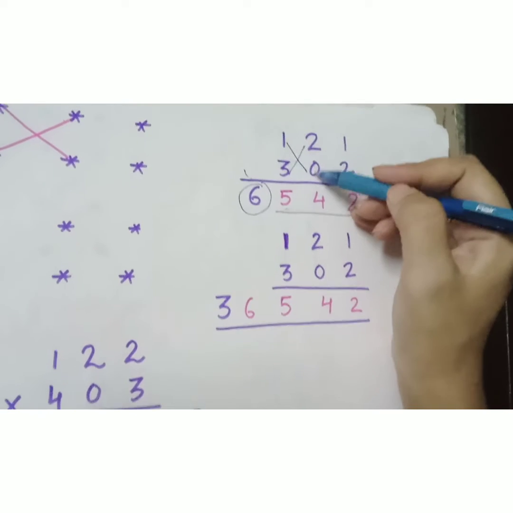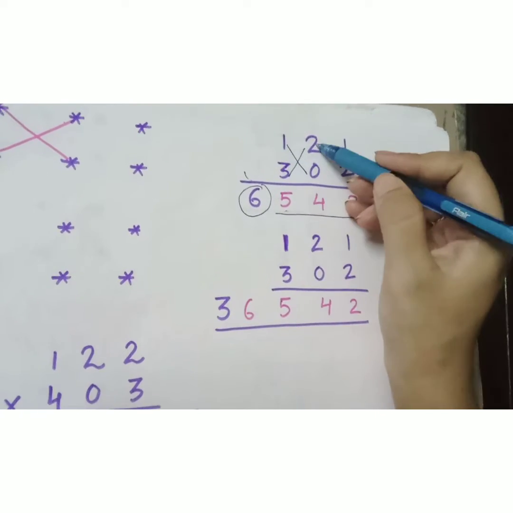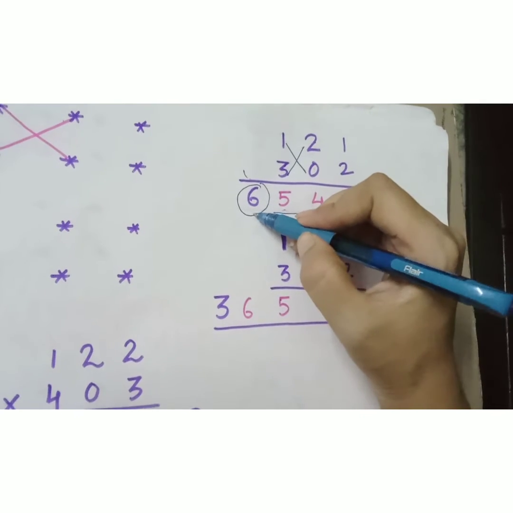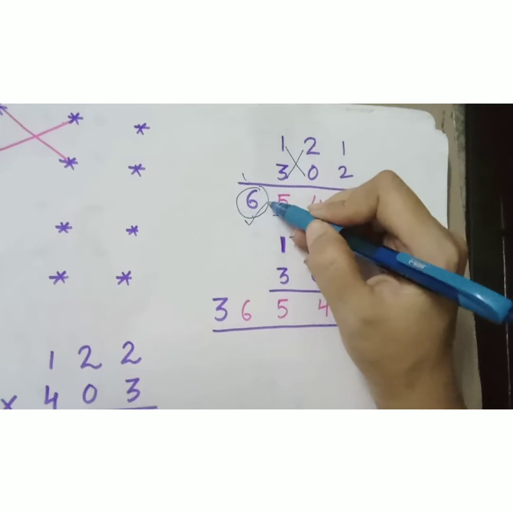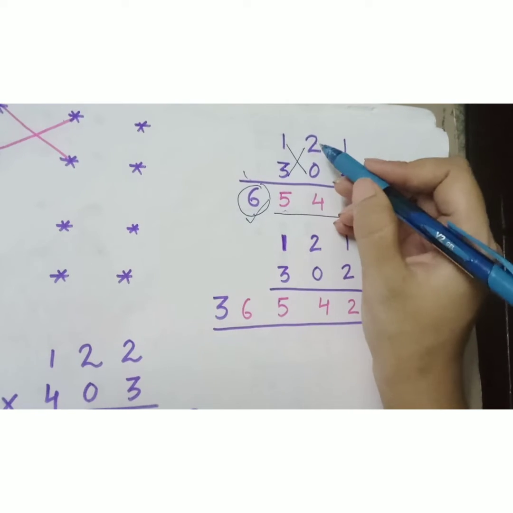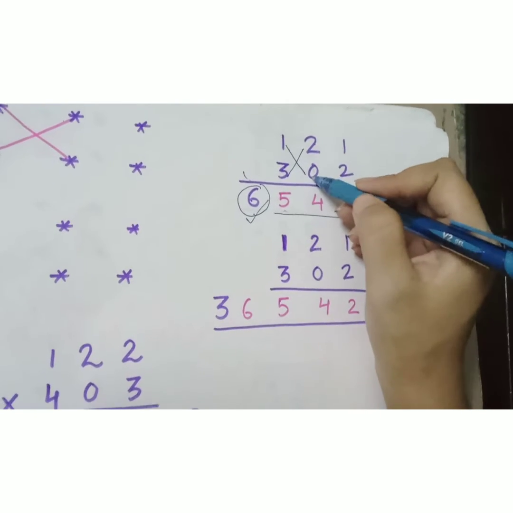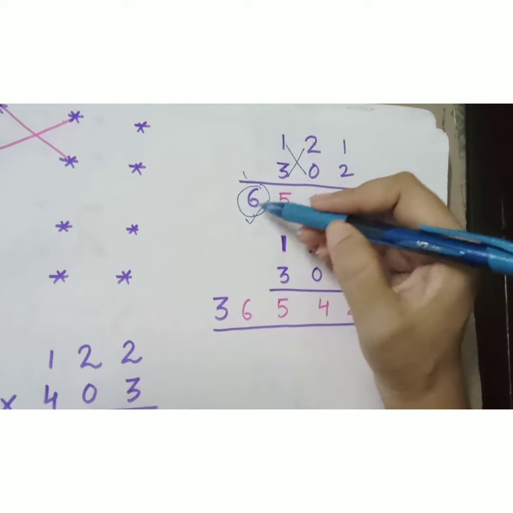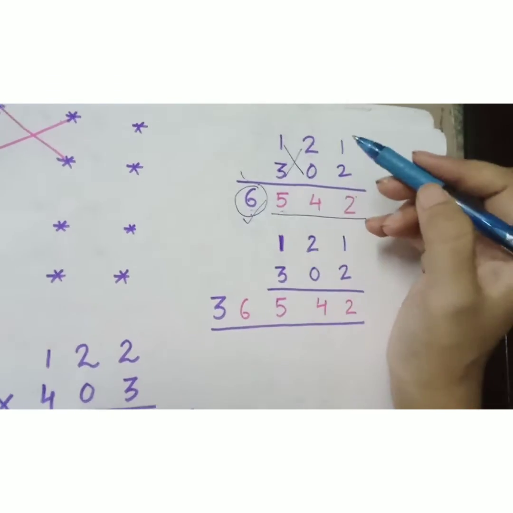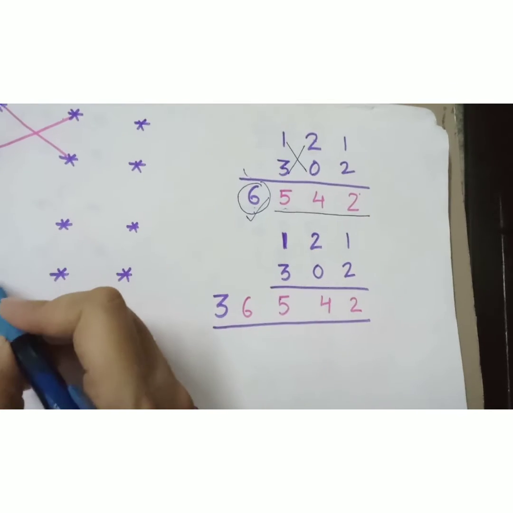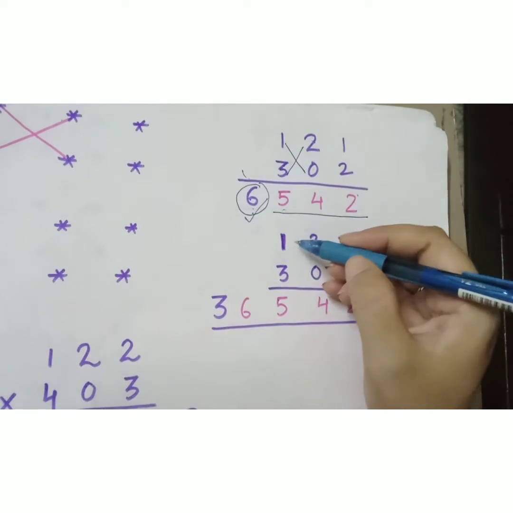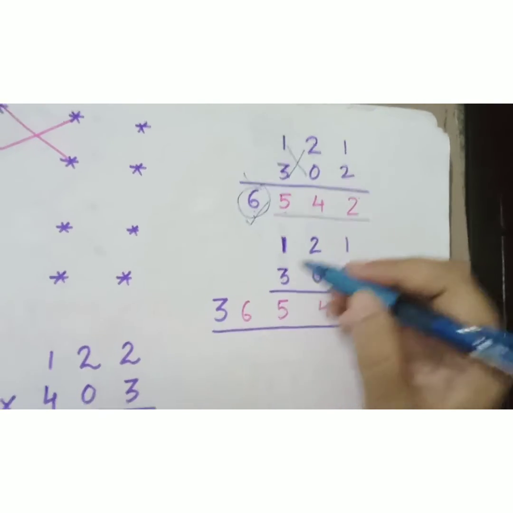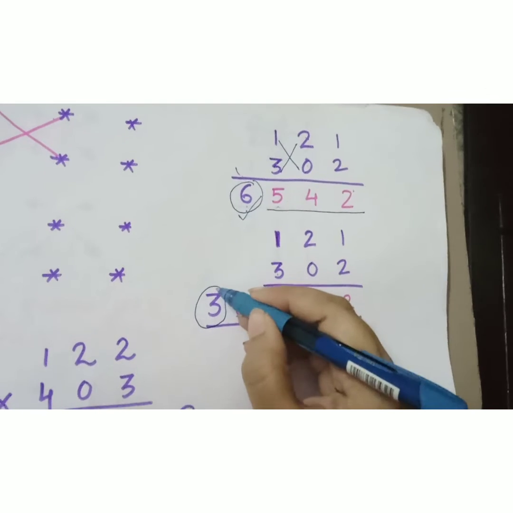So 1 zeros are 0, 3 2s are 6. If we add 6 plus 0, it comes out to be 6. In the last step, there is the I formation. 3 ones are 3. So here I get 3.